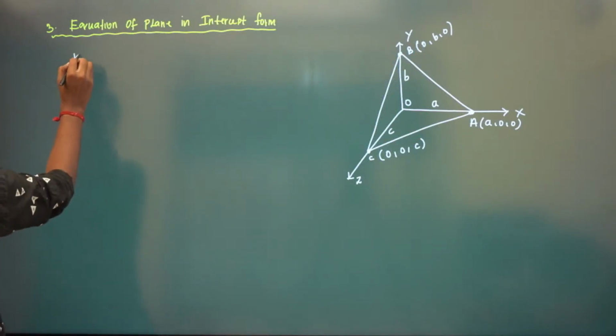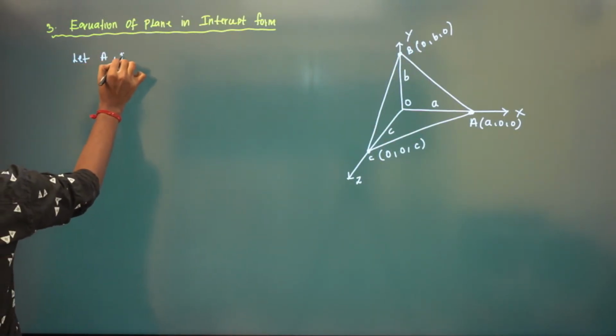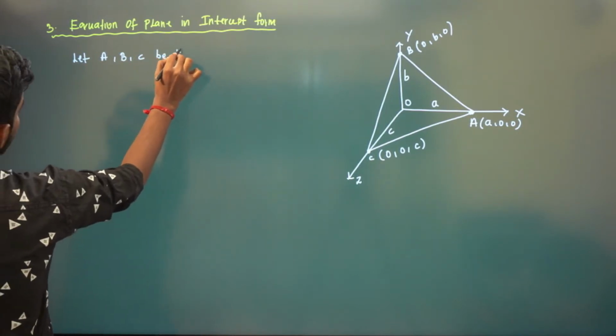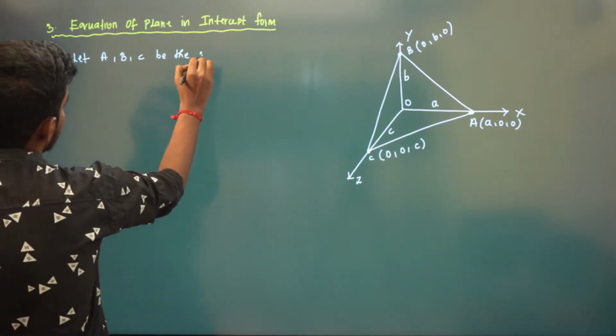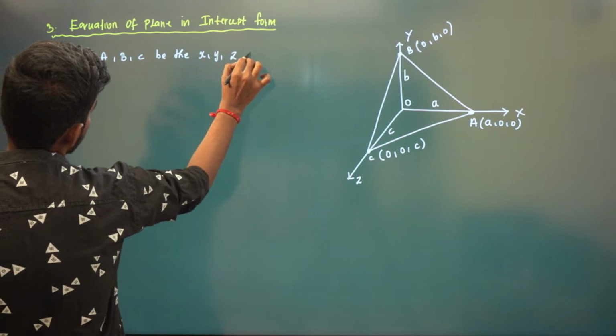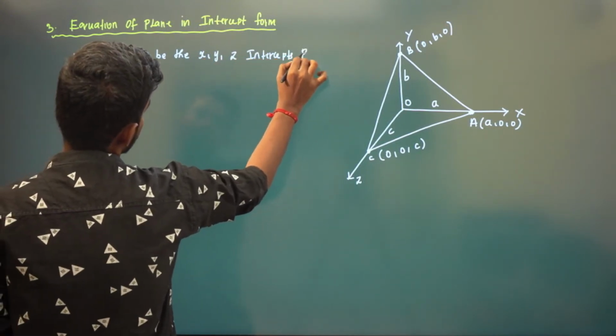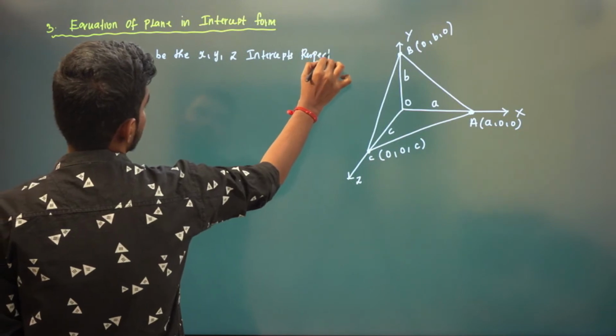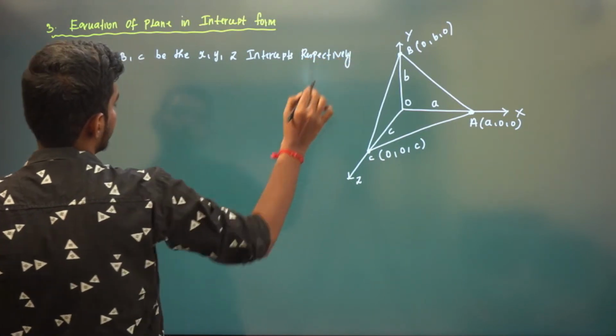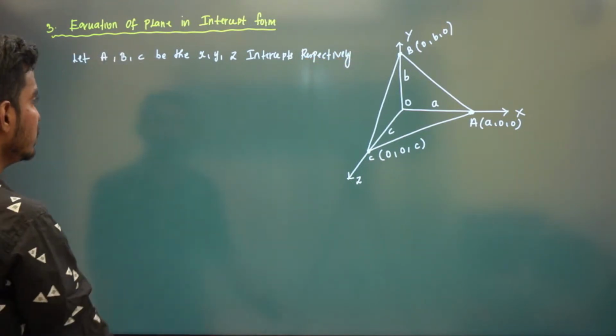Let a, b, c be the x, y, z intercepts respectively. So what is the equation of plane?